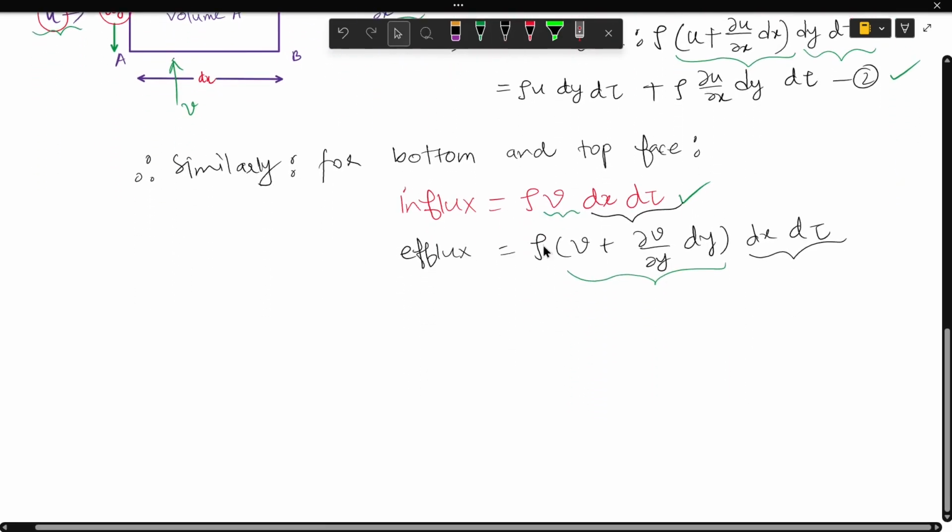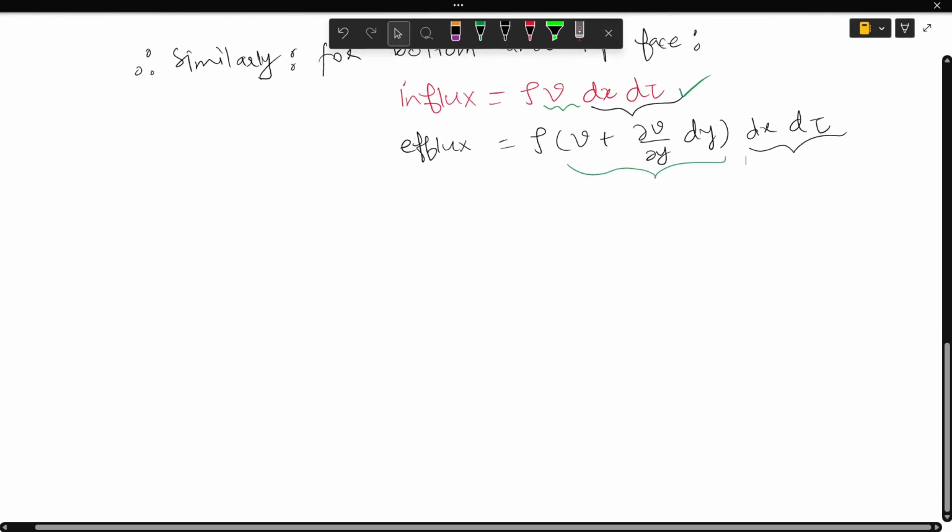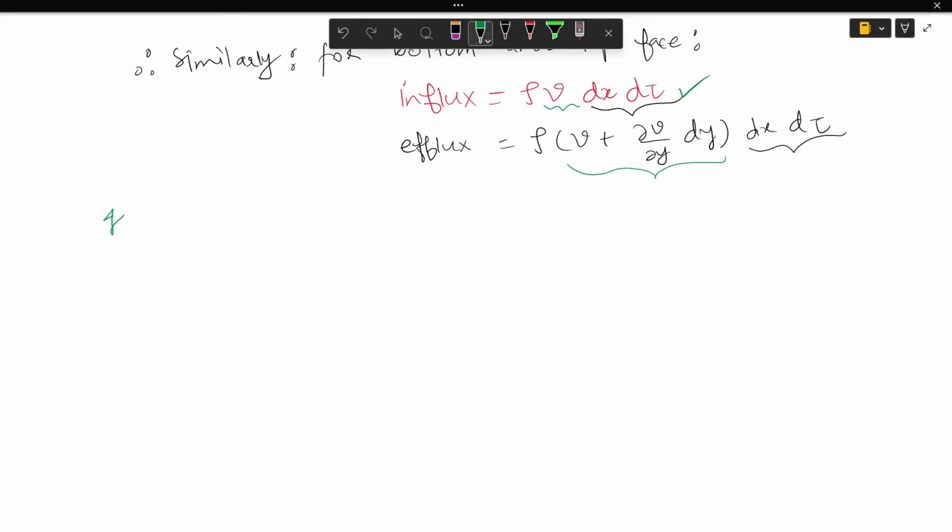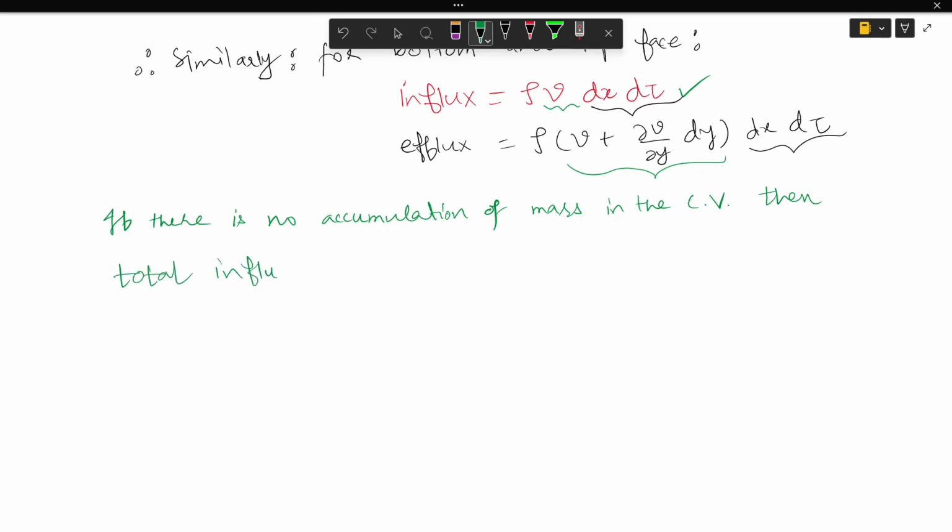Now, what to do? If there is no accumulation of mass in the control volume, okay, let me write it down, then we can say the mass that entered, that is the total influx, will be equal to the total efflux.